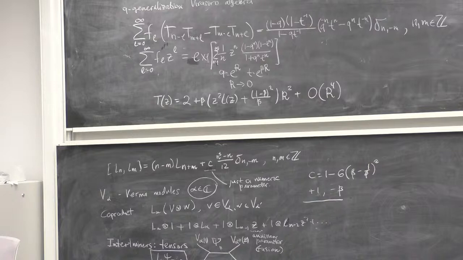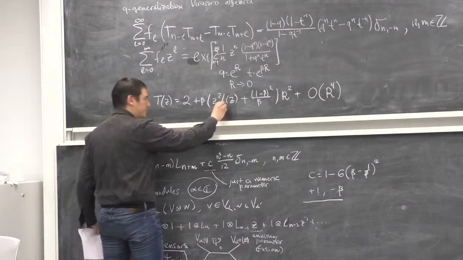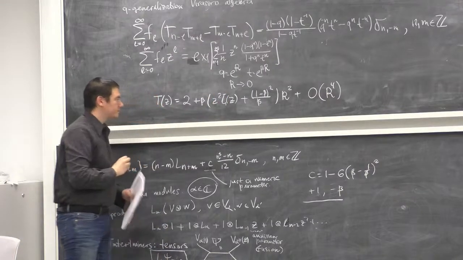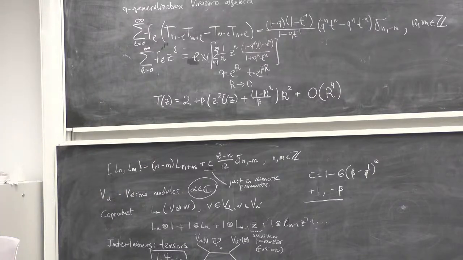This is q-Virasoro. I saw this formula many times, but I didn't check it. What is z squared L of z? L is the generating function for Virasoro, which is usually called T of z, and this is just with an extra factor; you substitute and use the relations.